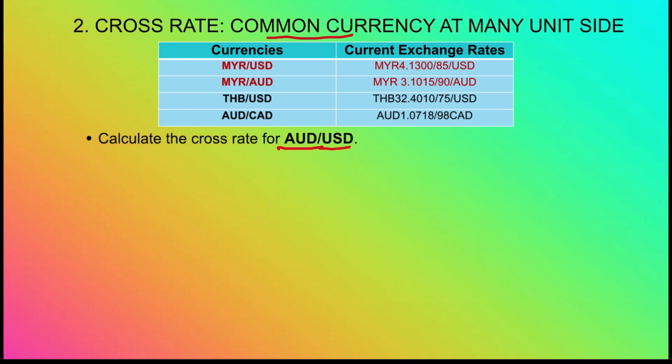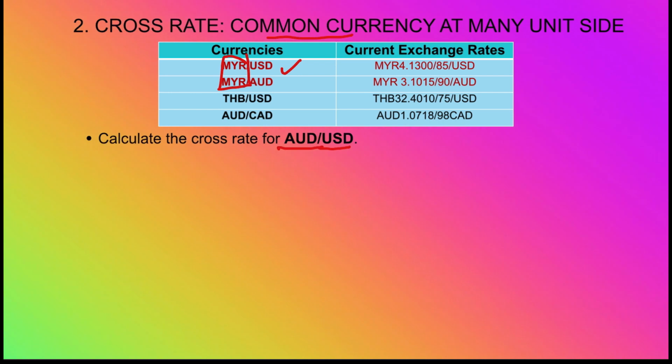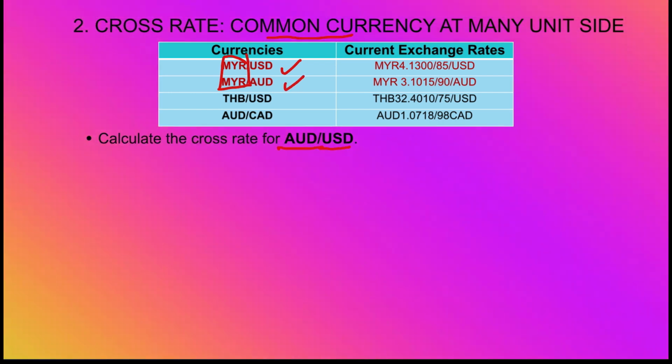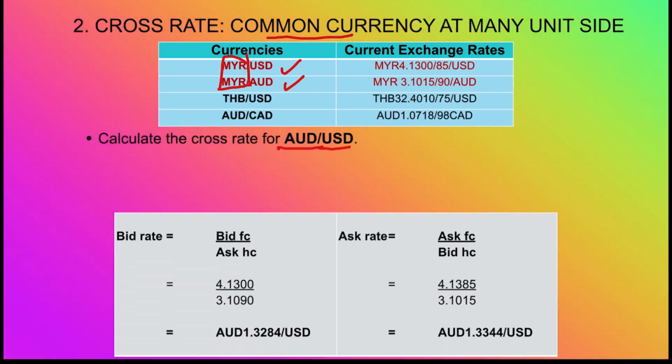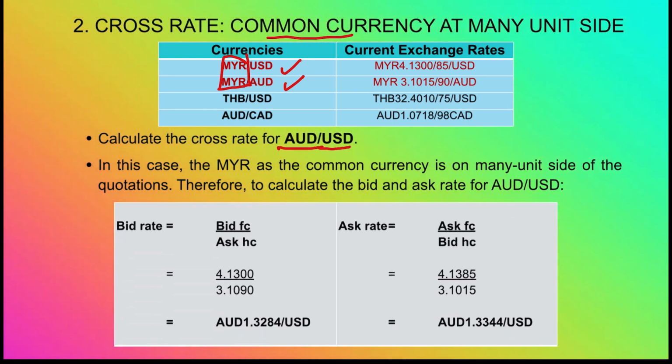So here, the common currency is at many side units. In this case, the Malaysian ringgit as the common currency is on the many unit side of the quotation.